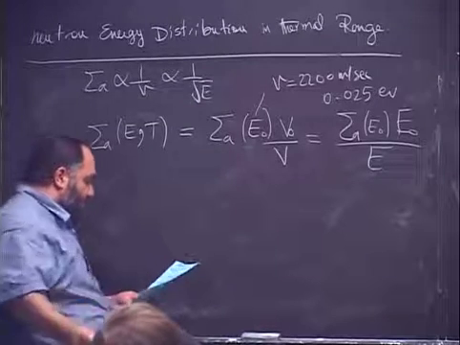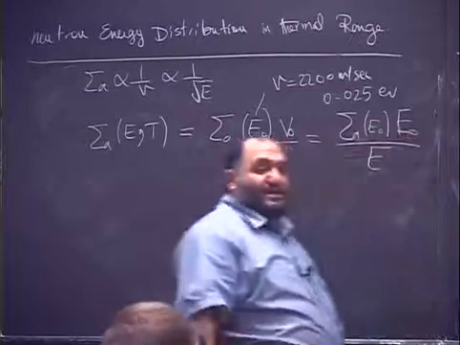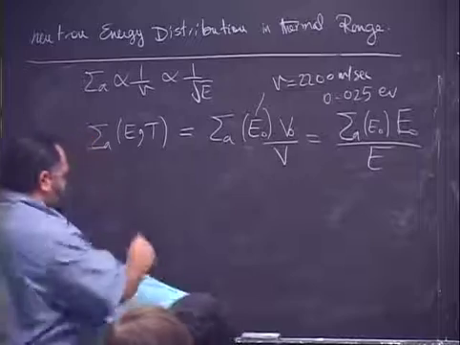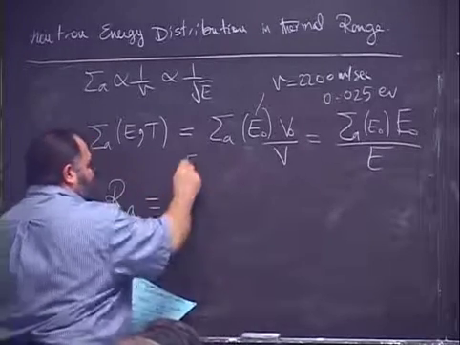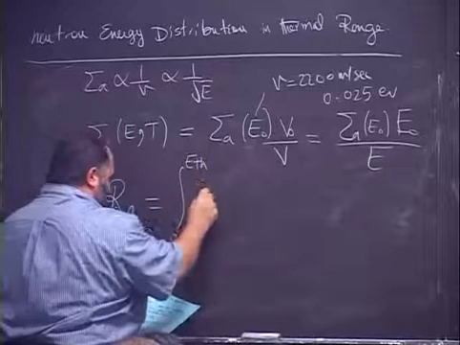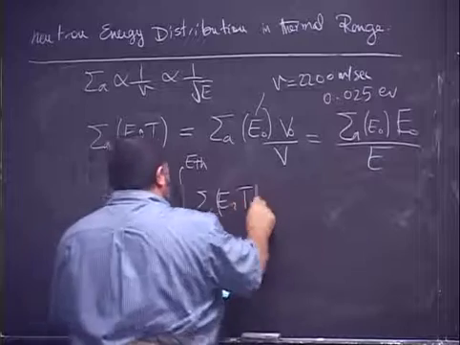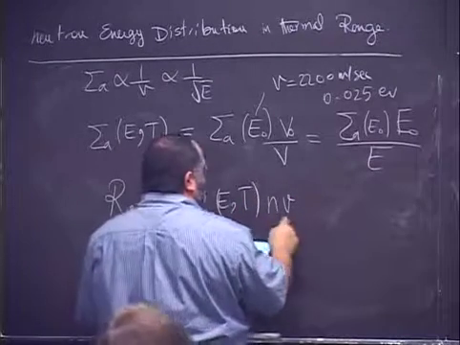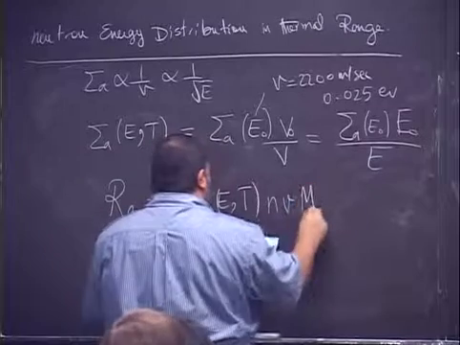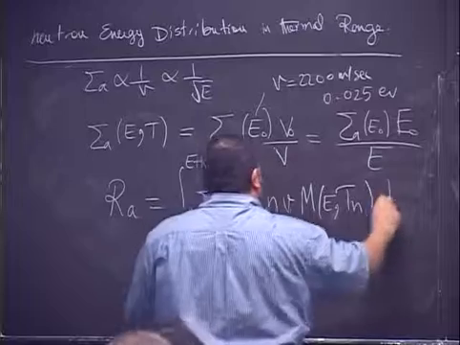Okay guys, if you want to calculate the total absorption rate in the thermal energy region, it is equal to what? From 0 to E thermal, it will be sigma absorption as a function of E and temperature T multiplied by N multiplied by the flux. This is the Maxwellian here as a function of E and T, dE.